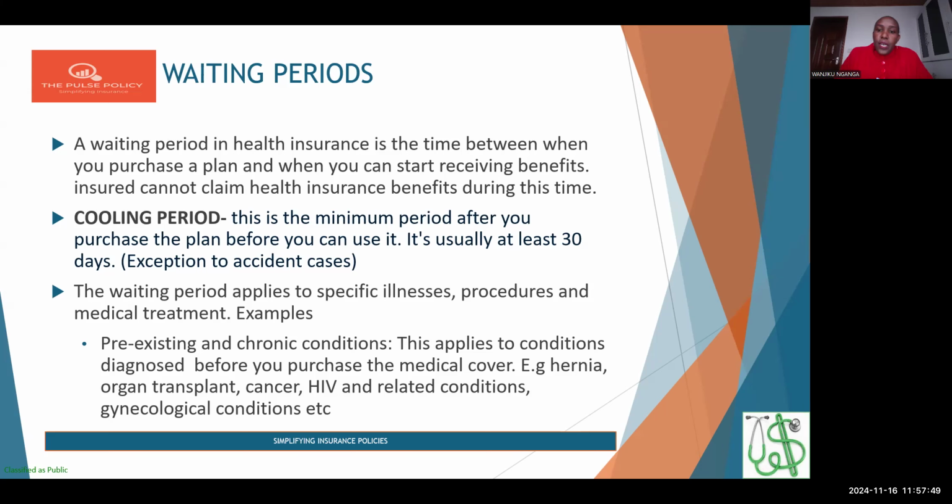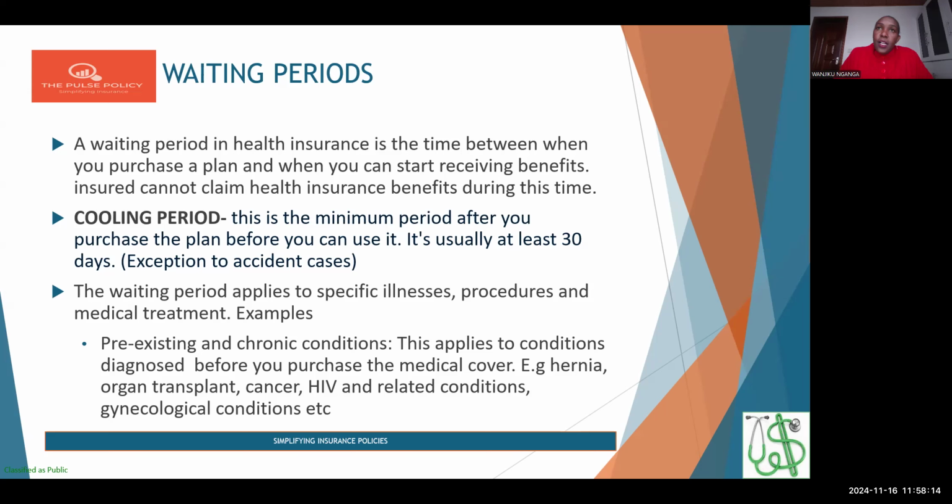Now, these waiting periods can be applied to various benefits. They're going to be applied on some illnesses, some procedures and also some medical treatments. I have given examples there. We have something we call pre-existing conditions and chronic conditions. Pre-existing conditions are conditions that you have before you go on cover.